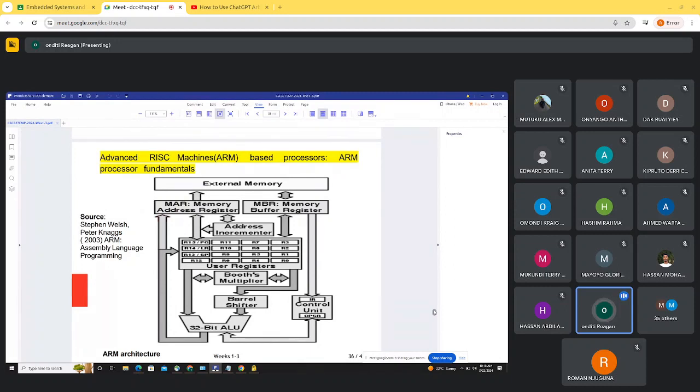And from this, you can see the arithmetic logic unit down there, and it's a 32-bit arithmetic logic unit, meaning that it can only execute 32 bits of instruction per given time. We have the control unit, we have the MBR memory buffer register up there, we have the memory address register up there, and we also have the address incrementer somewhere at the middle.